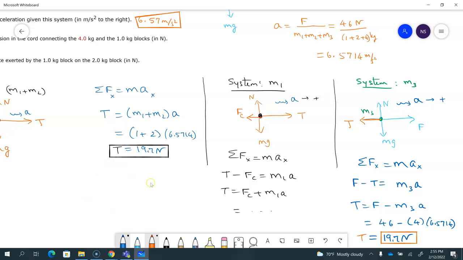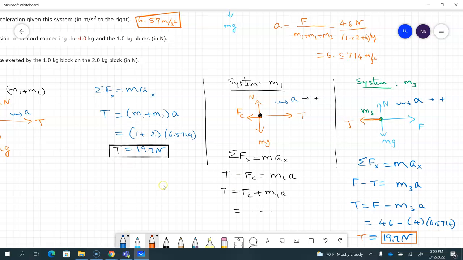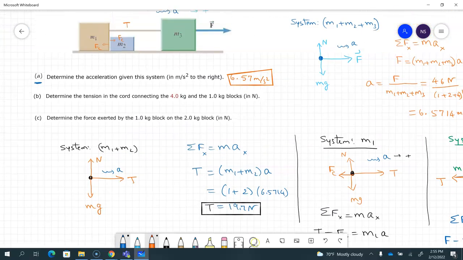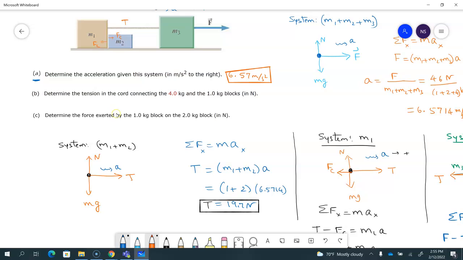And so if I needed the contact force, and that's exactly what they're asking for in part C. They're asking to determine the force exerted by the 1 kilogram block, M1, on M2. So that's this Fc, the force that's pushing M2. So now the only thing I didn't draw a free body diagram for is M2. What's giving the acceleration to M2 is the contact force that's pushing it, right?